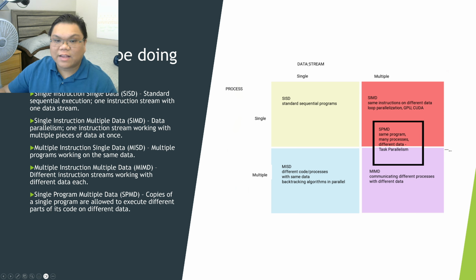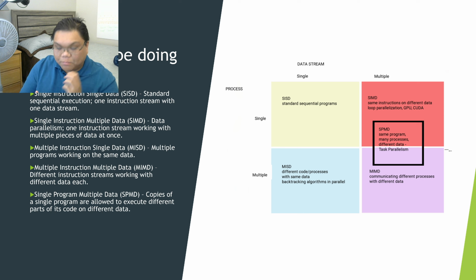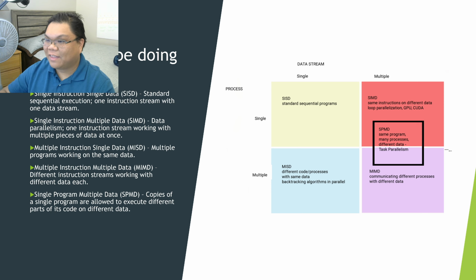If we have a single data stream and 1 process, that is SISD. So every program that we have ever written, possibly every program you have ever written to date, there's a good chance that it's all serial programs, which for the purpose of this class is boring.